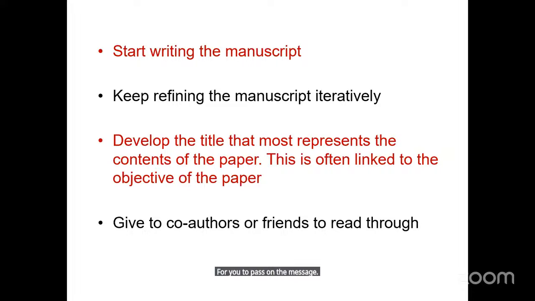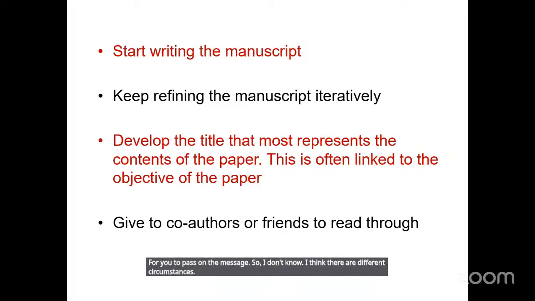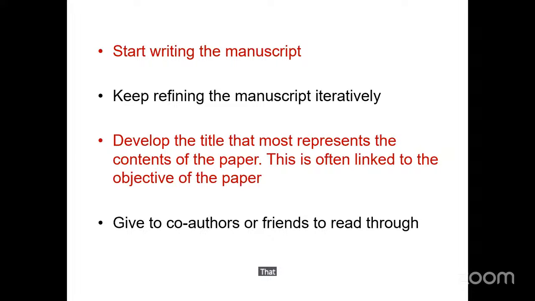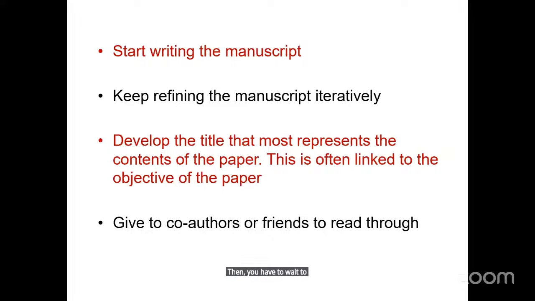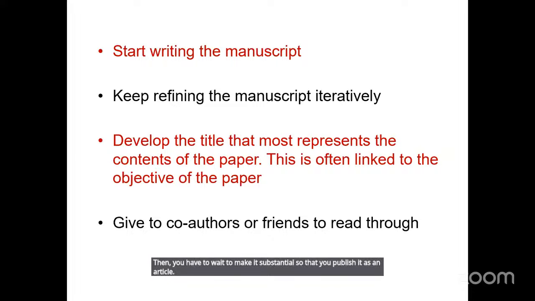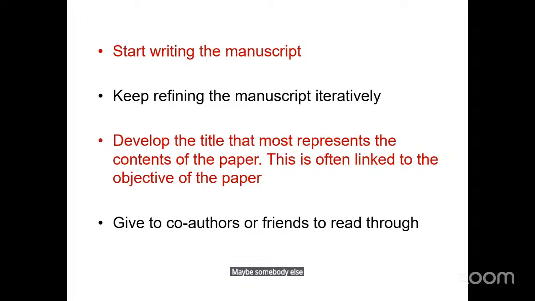So I don't know. I think there are different circumstances that drive people to publish or to have things the way they want them published. And if you don't want your work published by poster, then you have to wait to make it substantial so that you publish it as an article. Maybe somebody else can add, or what do you think?